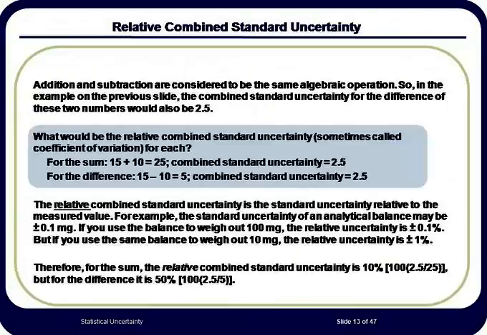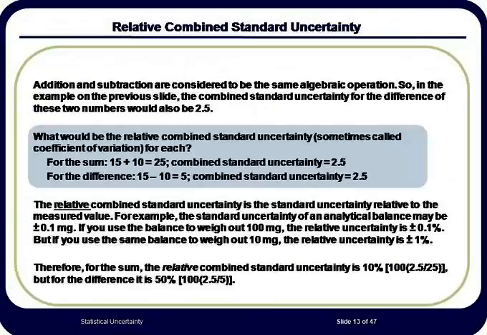In a previous slide, we identified that the functions of addition and subtraction had the same technique of combining uncertainties. So in the example on the previous slide, if our output estimate was based on subtraction rather than addition, the combined standard uncertainty would still have been 2.5. The area on this slide, shaded in blue, summarizes these two different functions and the associated uncertainty for each.